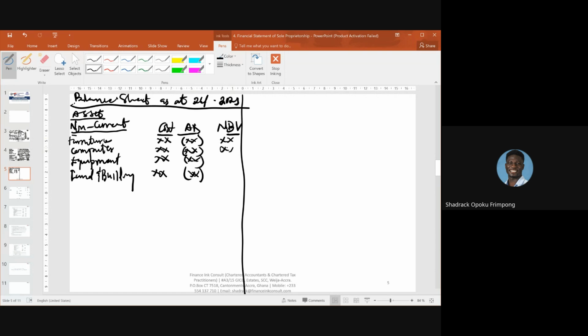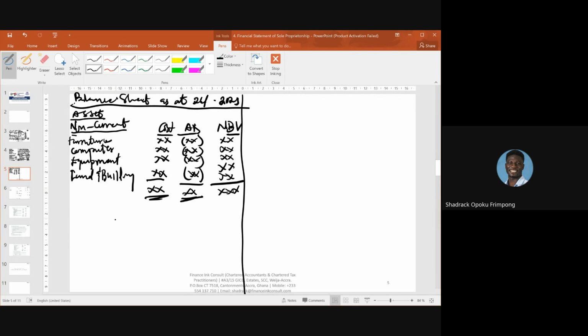Our net book value. So we have our total here. We will close this one because we wouldn't use it again. We will rather be using our net book value figures. Then we are done. So all these things is what we are referring to as what? Property, plants, and equipment. Mind you, these are tangible ones.